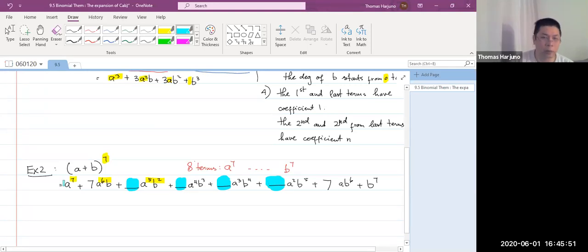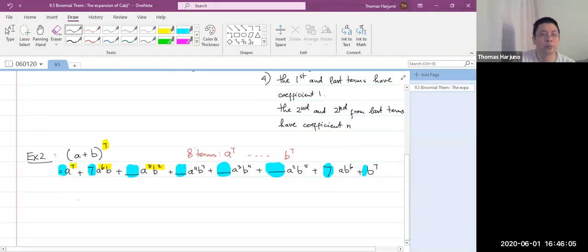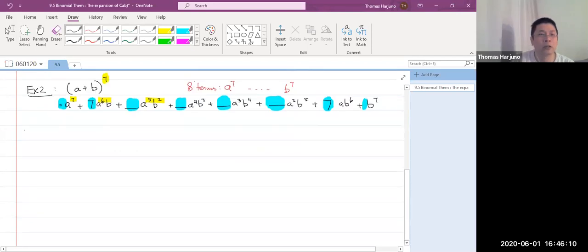Actually, in the process that I will show you, we will find the coefficients for all of them. Now there are 2 methods to do that. There are 2 methods to find the coefficients.